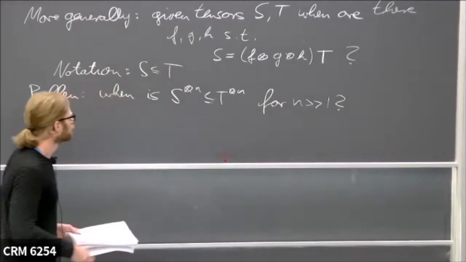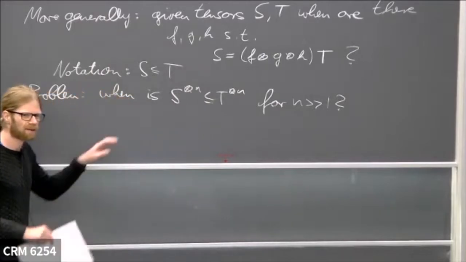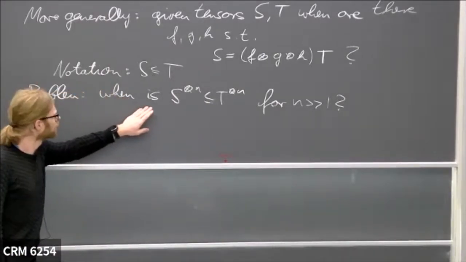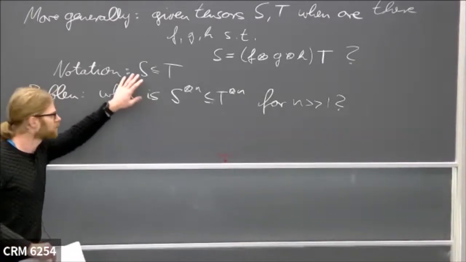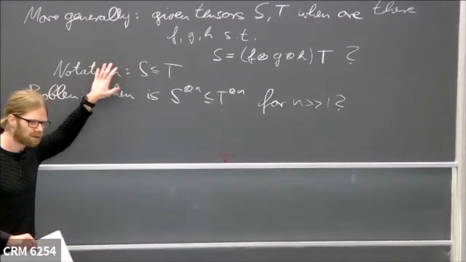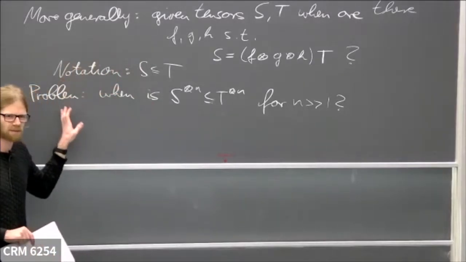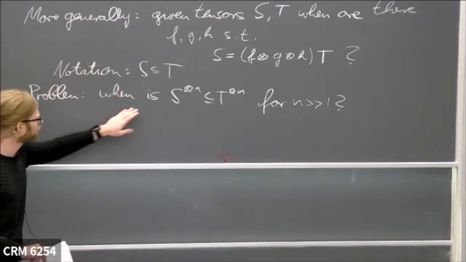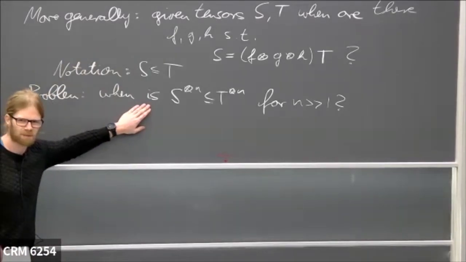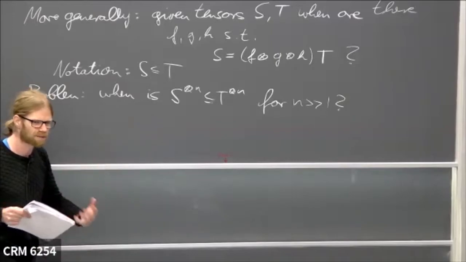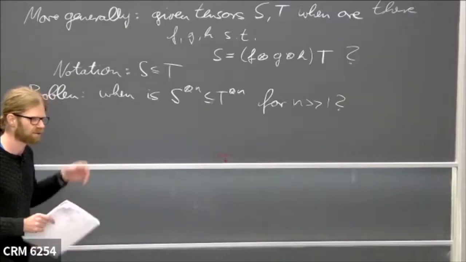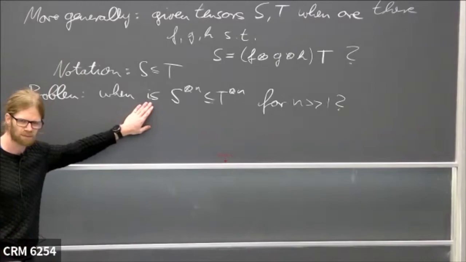Okay, so now let's try to analyze this situation in algebraic terms. What is the structure on the set of tensors that we're actually using here, how can we formulate this problem purely in terms of that abstract structure, and then how can we apply some theory of this abstract structure in order to address these kinds of problems?